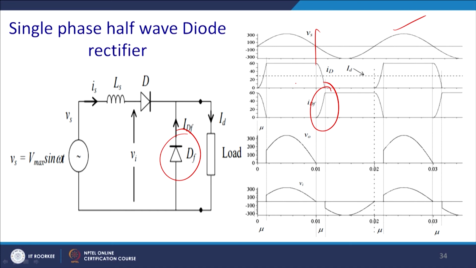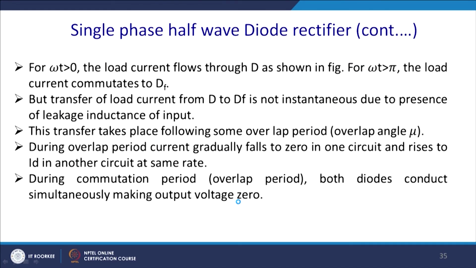For this reason, until both the diodes are conducting, this angle is called the overlapping angle and this is called mu. Here the input voltage becomes 0, and this is the effect of it: the average voltage is reduced during this time.